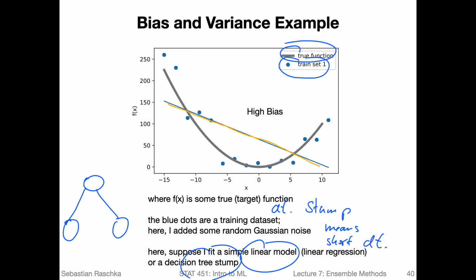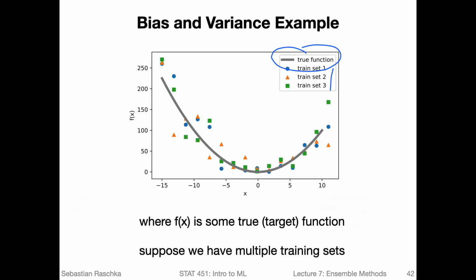The blue dots we worked with before. If I go back 2 slides, for the blue dots I had this high bias model, and I had this high variance model here. Now if I would use the second training set to fit a decision tree stump, I may find something somewhat similar, like this or like this.